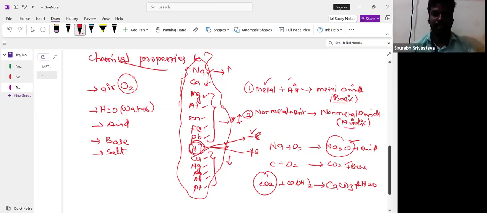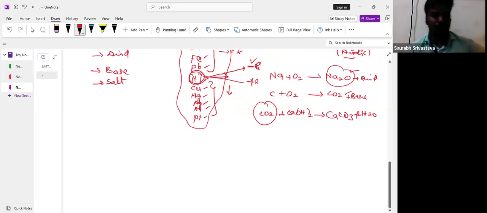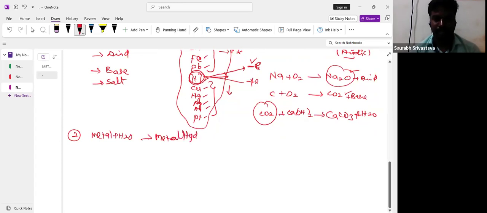And next category, metal with water, non-metal with water. So what is that? Metal with water and non-metal with water. So second category, metal plus H2O, water, it will give metal hydroxide plus hydrogen gas.